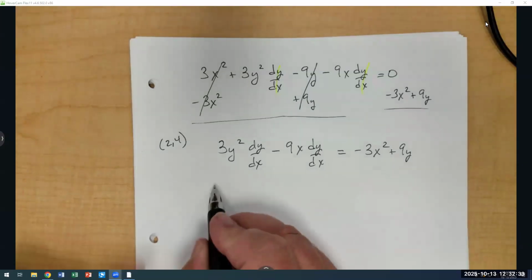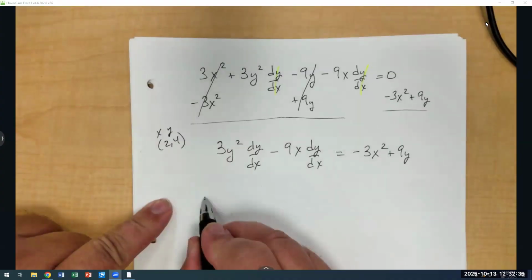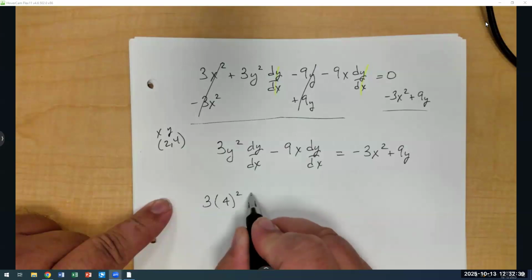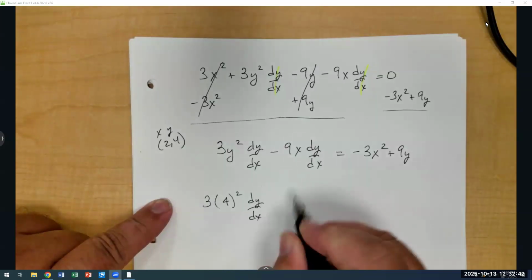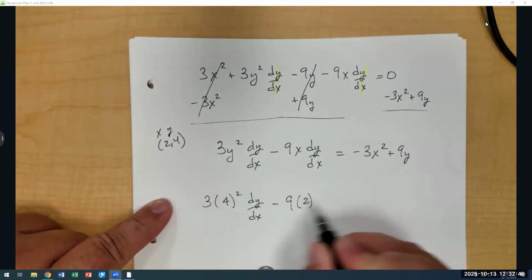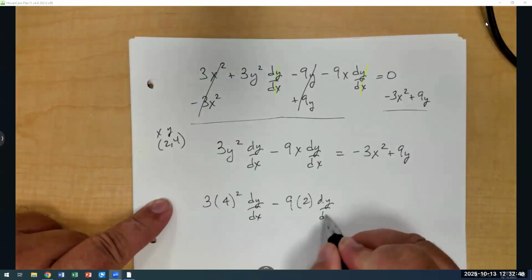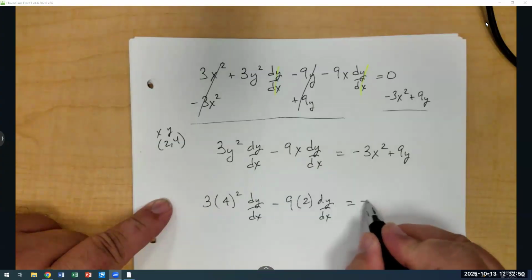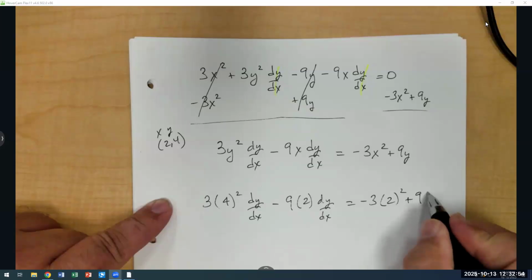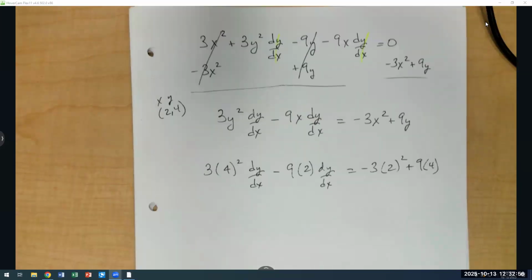This is my x, this is my y. So we have 3 times 4 squared dy/dx minus 9 times 2 dy/dx equals negative 3 times 2 squared plus 9 times 4.